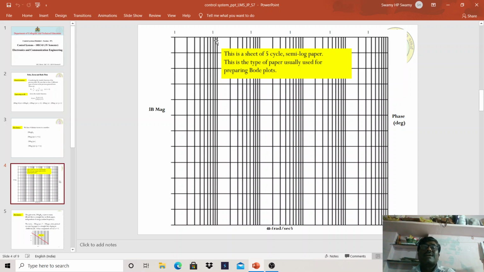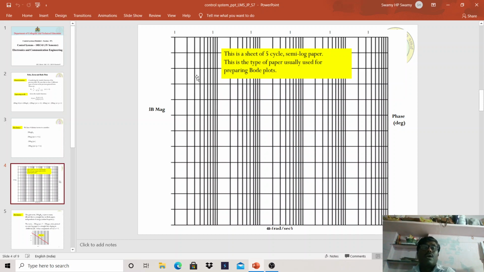In each cycle you have 10 parts. These parts are called, one part is equal to 1 dB or 1 decade. It indicates 10. Now in one section or one part, you have 10 subparts, or one part is divided into 10 subparts.